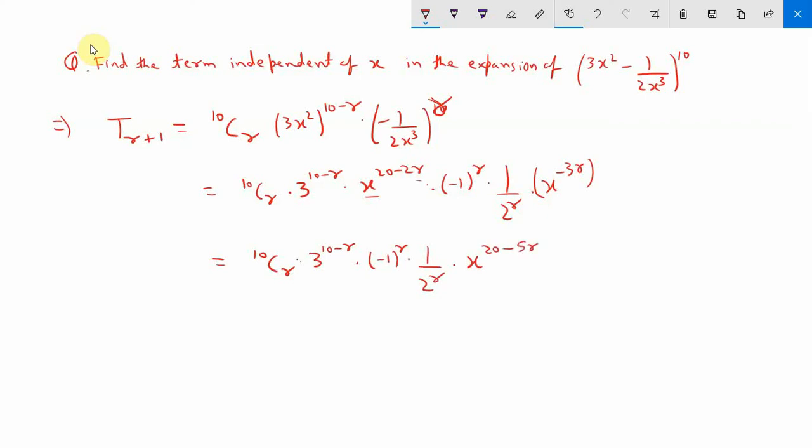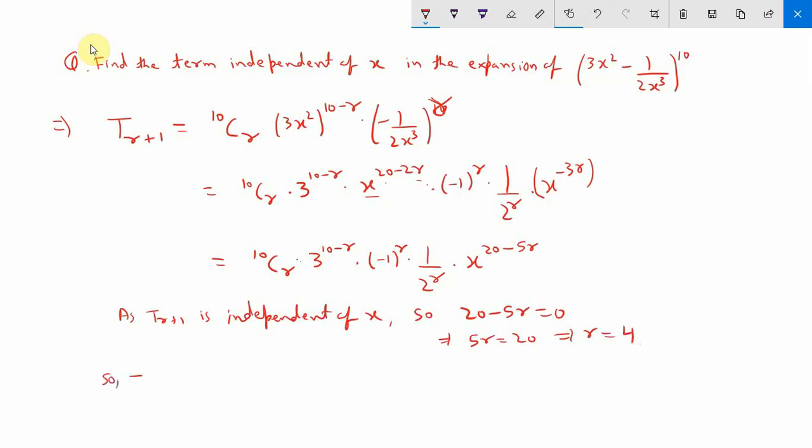Now we have to find the term independent of x, as T(r plus 1) is independent of x, so 20 minus 5r should be equal to 0. From here we can calculate 5r equal to 20, or r equal to 4, 20 by 5.